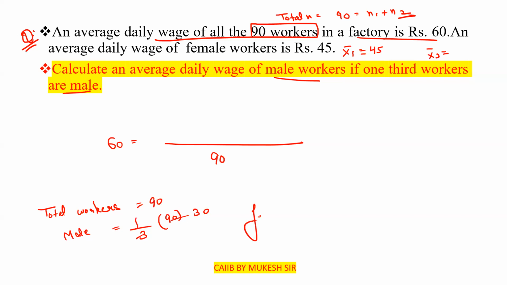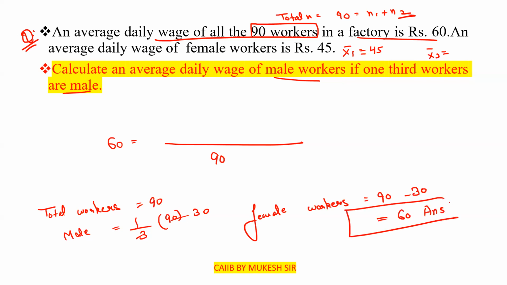So female workers, out of the total, are 60. Now multiply: female is multiplied by 60, and X2 bar for males is multiplied by 30. So X1 bar, that is 45 into 60, plus X2 bar into 30.